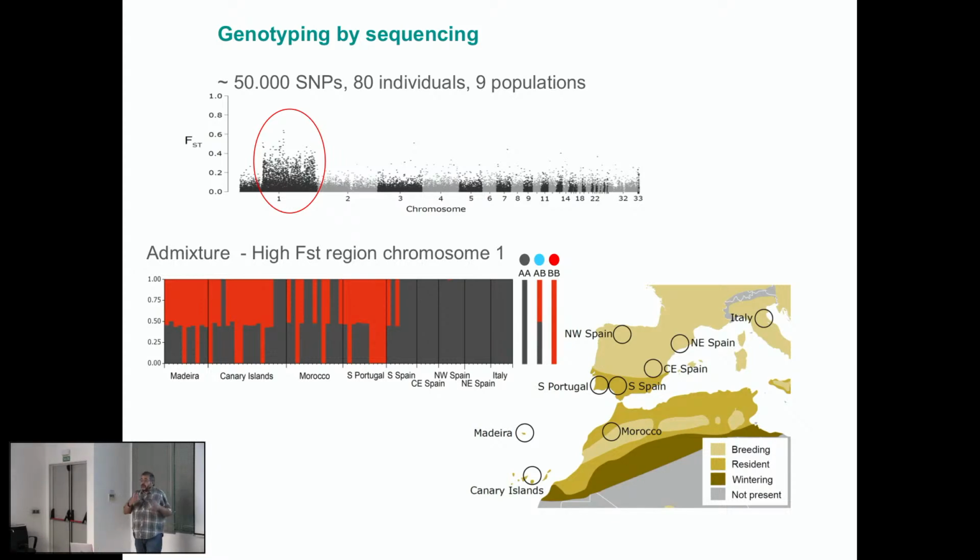We told the computer, okay, make 2 groups, and made 2 groups that were completely black, some other ones that were completely red, and some individuals were half and half. This seemed to suggest that there were 2 different chromosomes, 2 completely different blocks of markers that were inherited as a unit. Some were red and some were black.